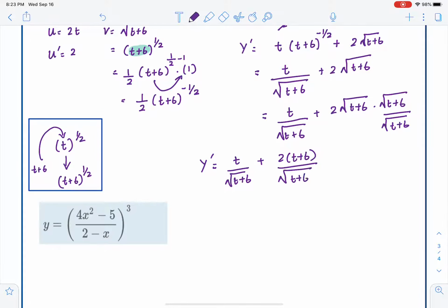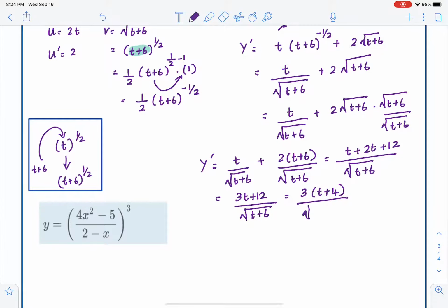Now that we have a common denominator, we can combine the numerators. t plus 2t plus 12, which would give us 3t plus 12 divided by square root of t plus 6. If we pull 3 out, we have 3 times t plus 4 divided by square root of t plus 6.